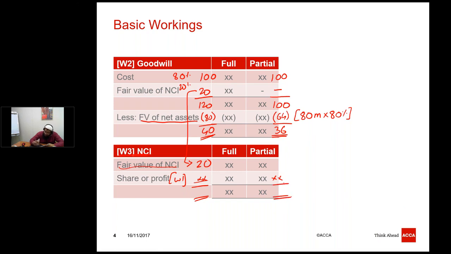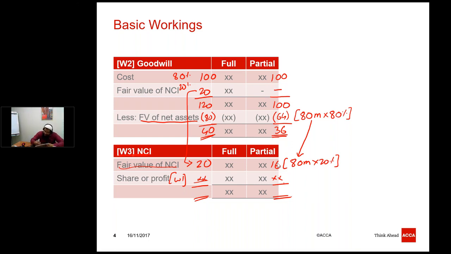But the value of NCI is going to be $80 million, the net assets that were at the date of acquisition, and NCI has a 20% share in this, which will become $16 million. So in case of partial goodwill method, we are going to start from 16 and not from 20 because we are following the partial goodwill method. So this is how we are going to calculate NCI in this case.